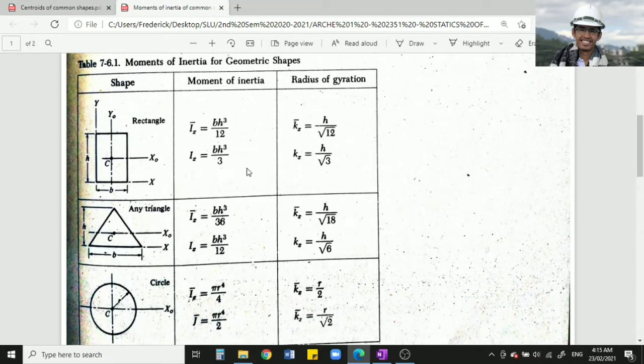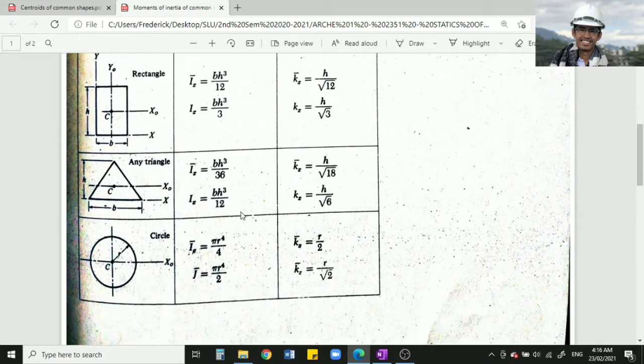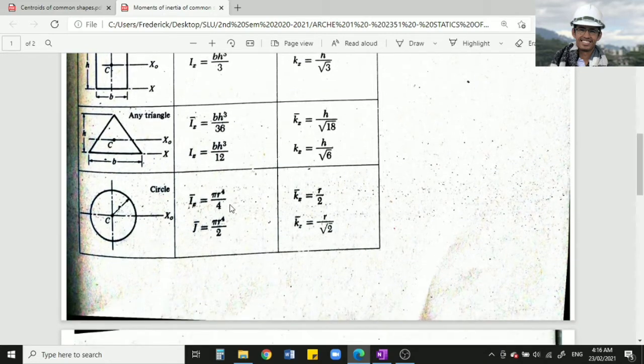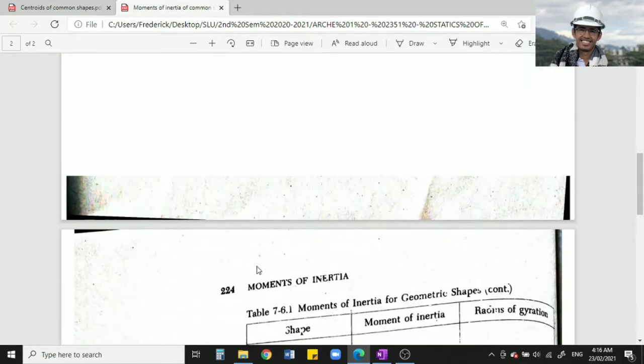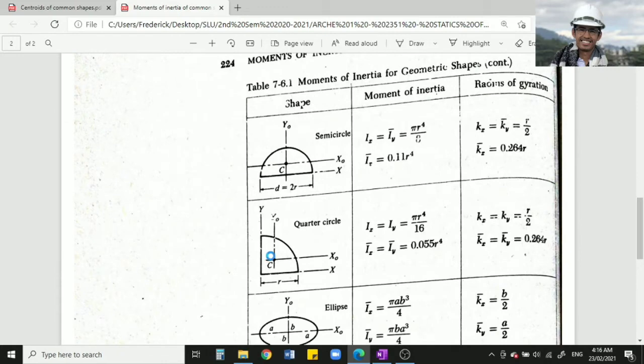For a rectangle, the moment of inertia Ix will be bh cubed over 12. And this is its radius of gyration, that will be h over square root of 12. For a triangle, the moment of inertia will be bh cubed over 36. And for a circle, that will be pi r raised to 4 over 4. Okay, and you can just look at the rest here.